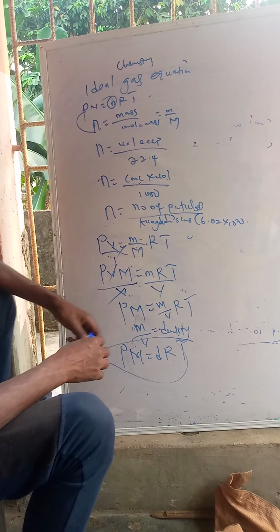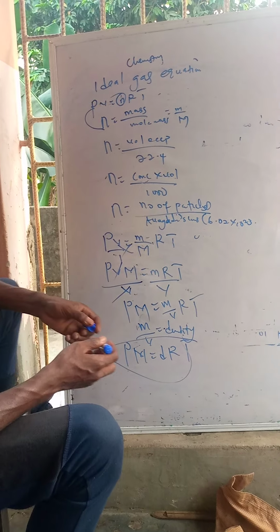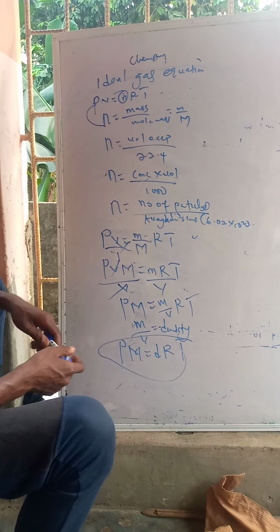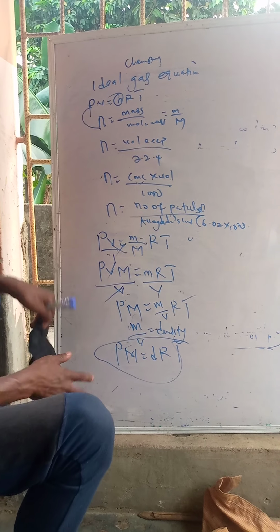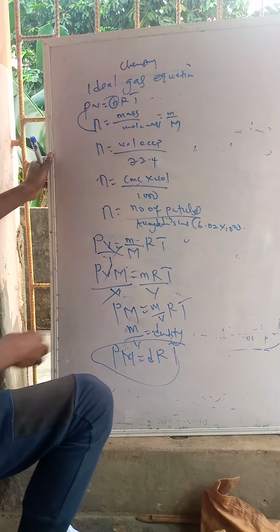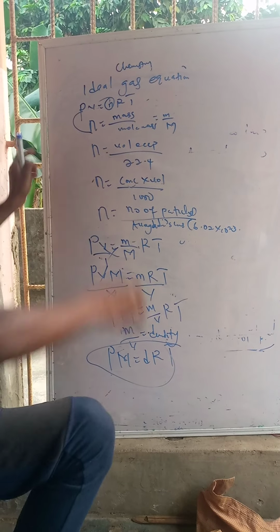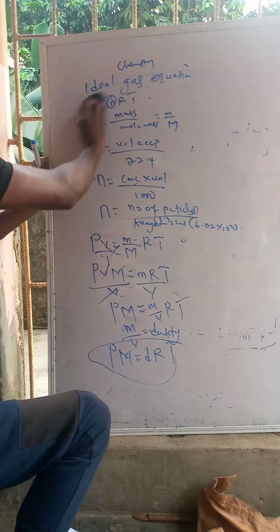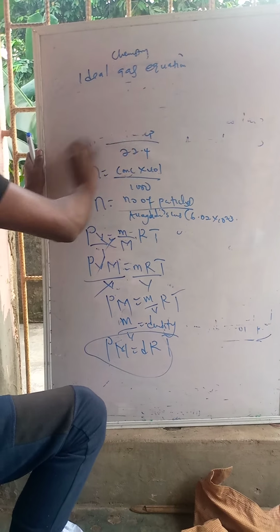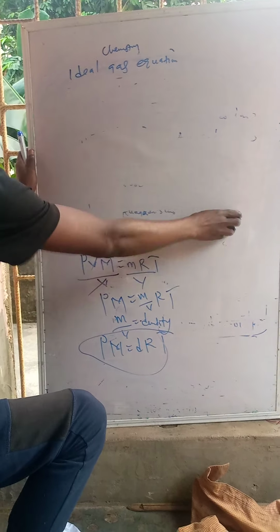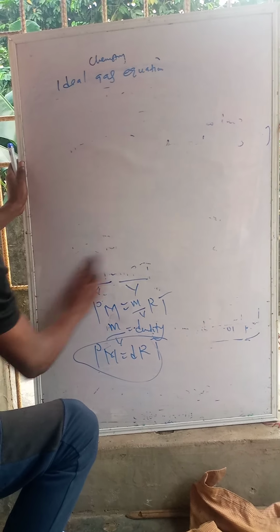So let's take some questions on mole concepts before we now go into the ideal gas equation proper. So let's take questions. How many molecules of oxygen are present in 1.0 dm cube of the gas at STP? I think I need to write that one out.